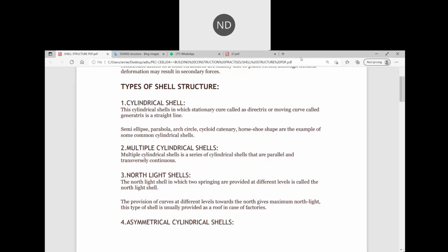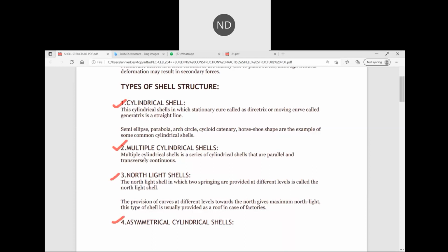Now coming to the types of shell structure. Coming to your shell structure, this is your types of shell structure. It can be a cylindrical shell, a multiple cylindrical shell, north light shell, or asymmetrical cylindrical shell.